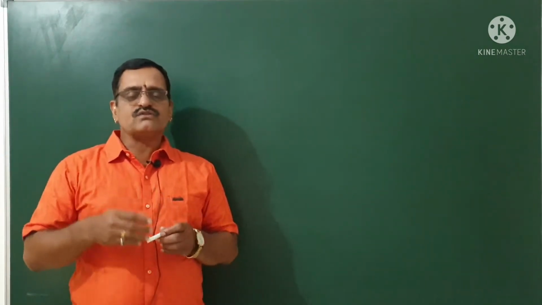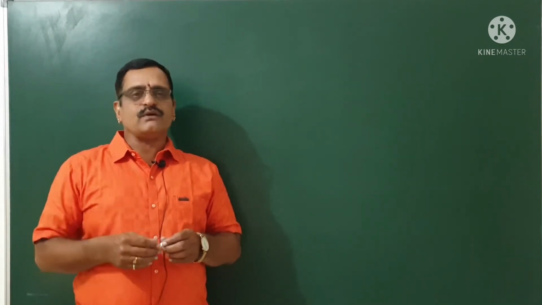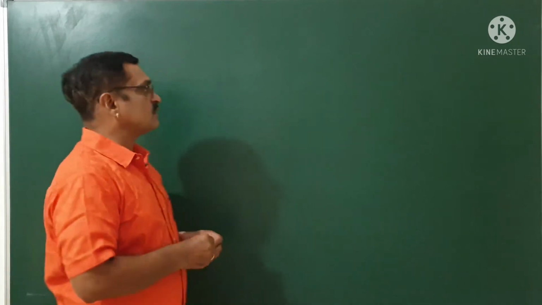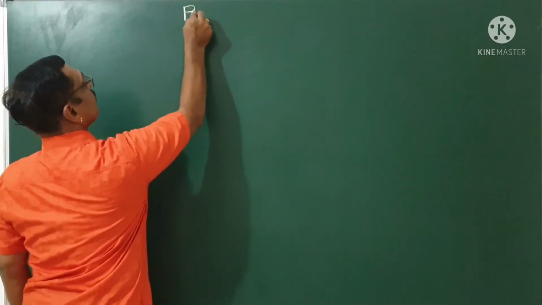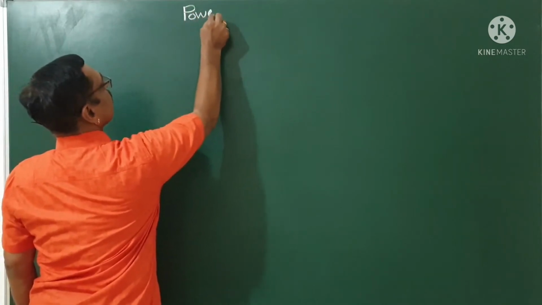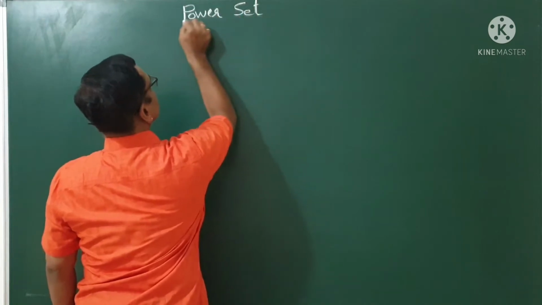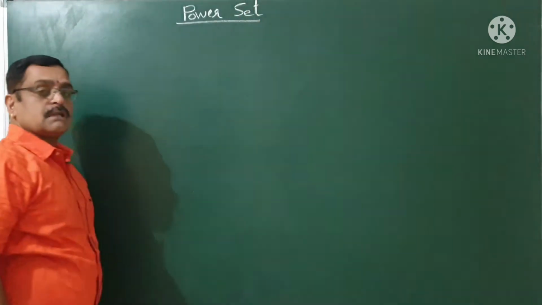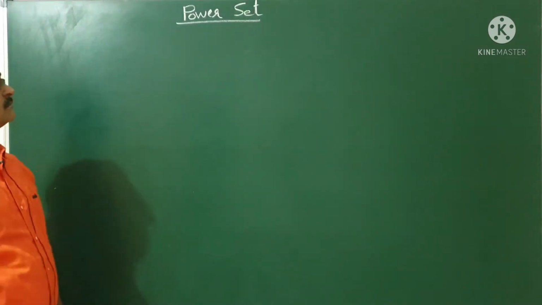In the series of videos on the chapter set theory, in the present video, I am going to discuss the concept of power set. Let me explain this concept by using an example.